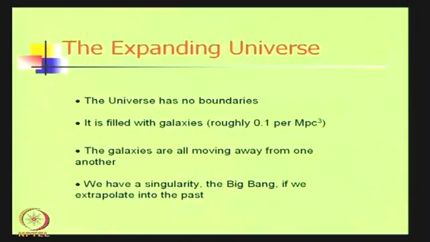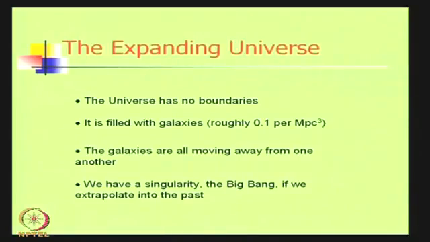So the density is 0.1 per megaparsec cube on average, some typical value. So you have galaxies throughout the entire infinite universe with roughly the same density, around this value. That is the picture: an infinite universe filled with galaxies.